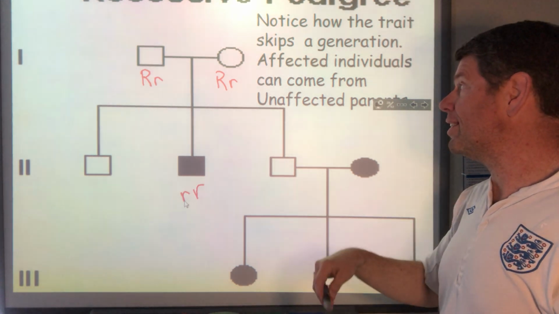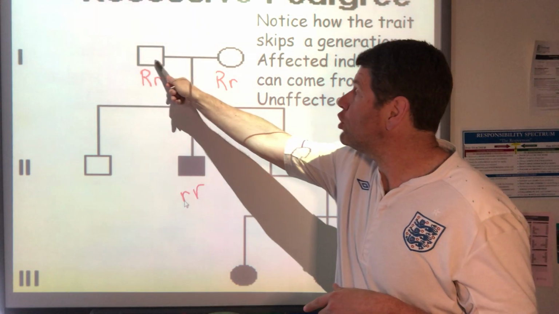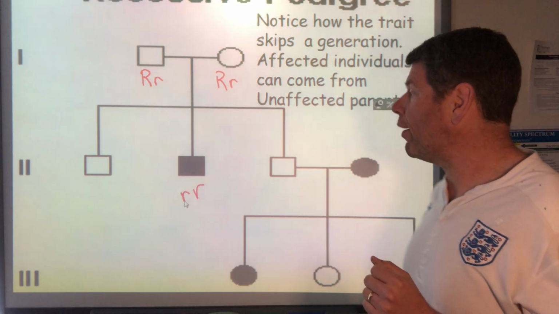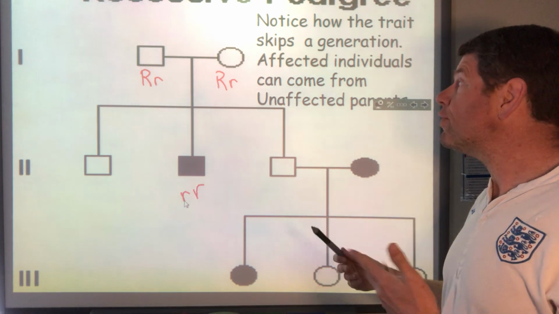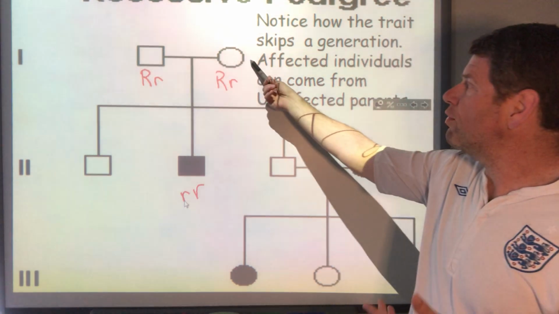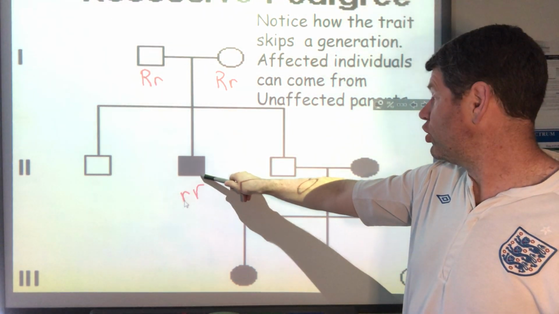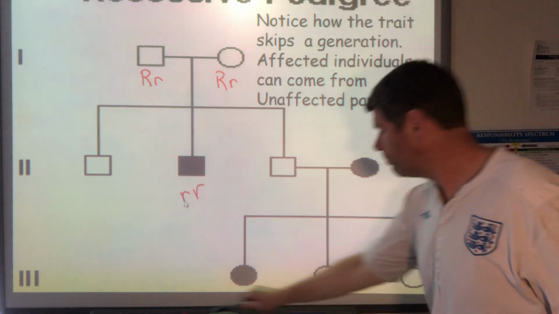And it must be in this case, because it's the only way that an affected individual can have two typical or normal parents. Also, recessive traits skip generations. So we don't see the trait of not being able to roll your tongue in the first generation, but it reappears in this generation. Okay?